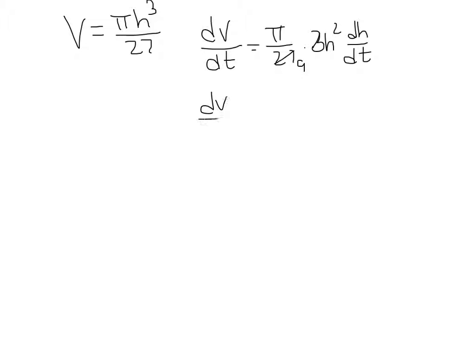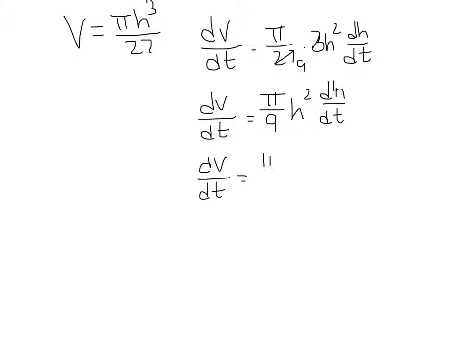So dV/dt is equal to pi over 9 H squared dH/dt. I know that dH/dt is 20. I know that H is 200. So dV/dt is equal to pi over 9 times 200 squared times 20.